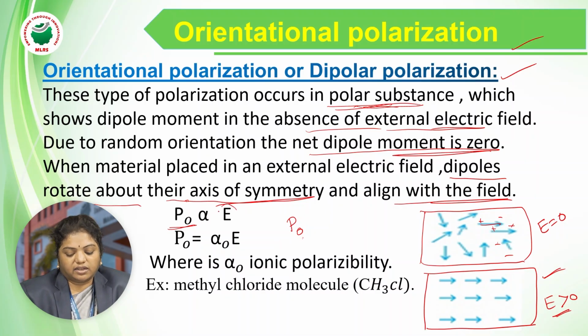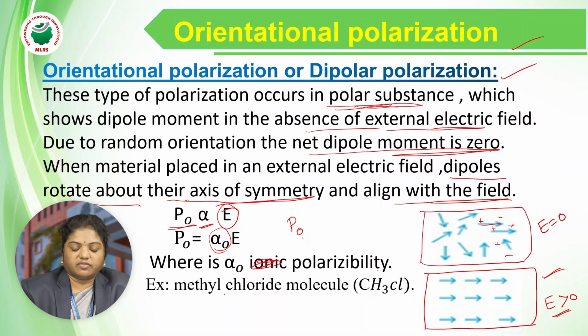It is also directly proportional to the electric field, that means the field strength. So we remove the proportionality and get one constant, alpha O. This is called the orientational polarizability.